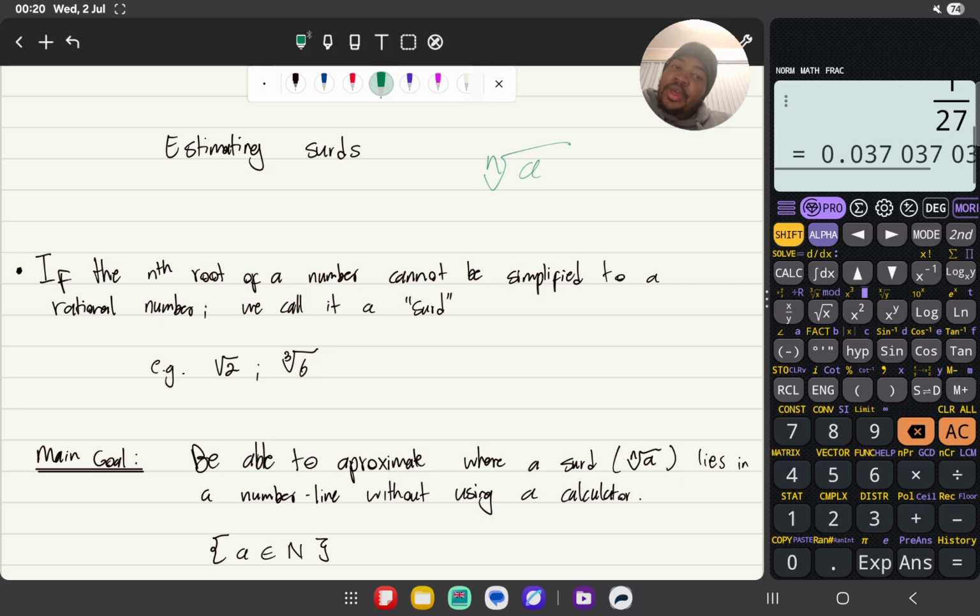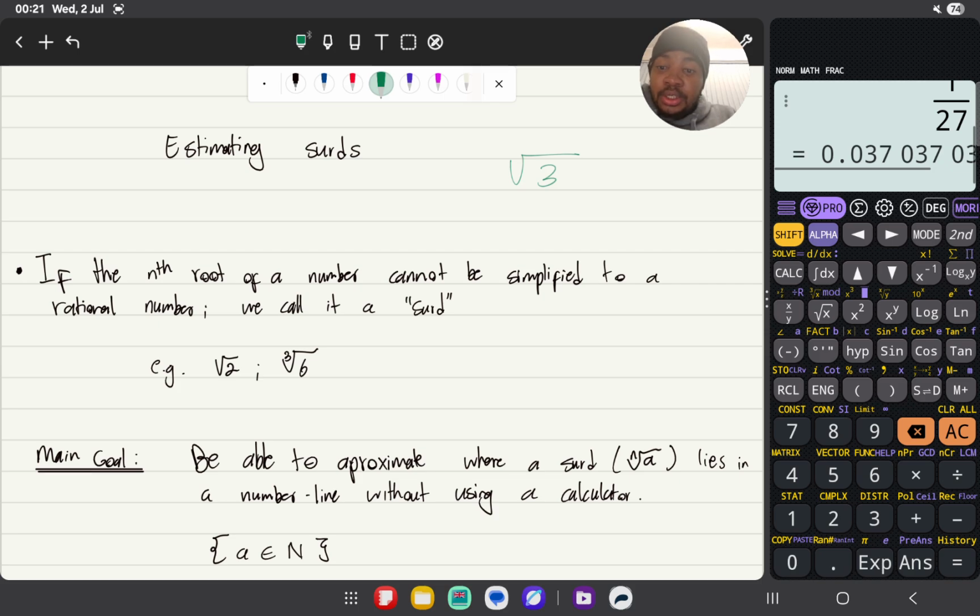So that means from what we have done, we know that we cannot simplify this number into a rational number, so we are going to call it a surd.